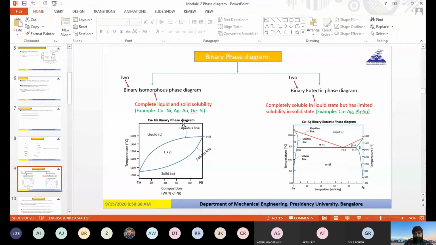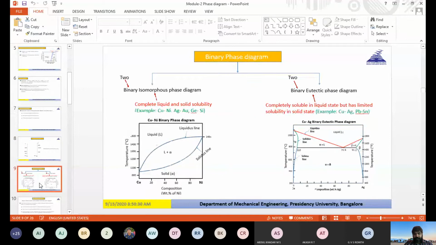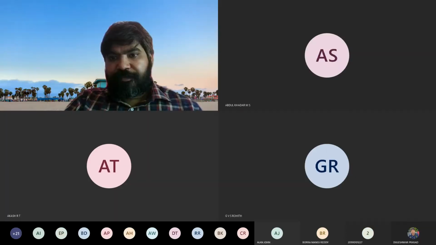Now let me make use of the Microsoft whiteboard to explain this, and we will see how to draw this binary isomorphous phase diagram.